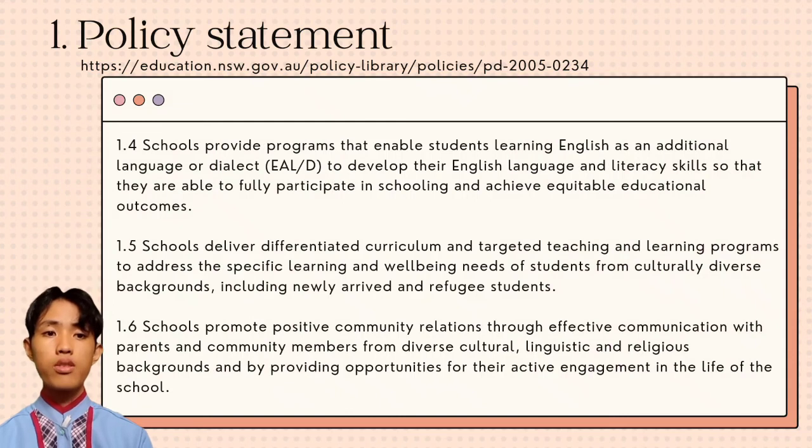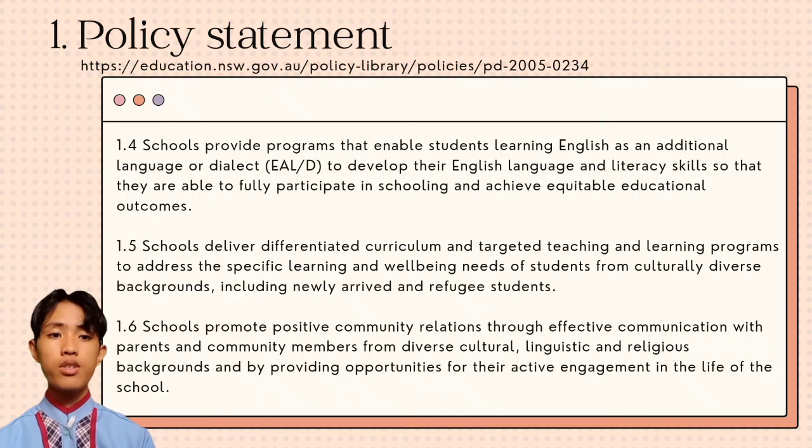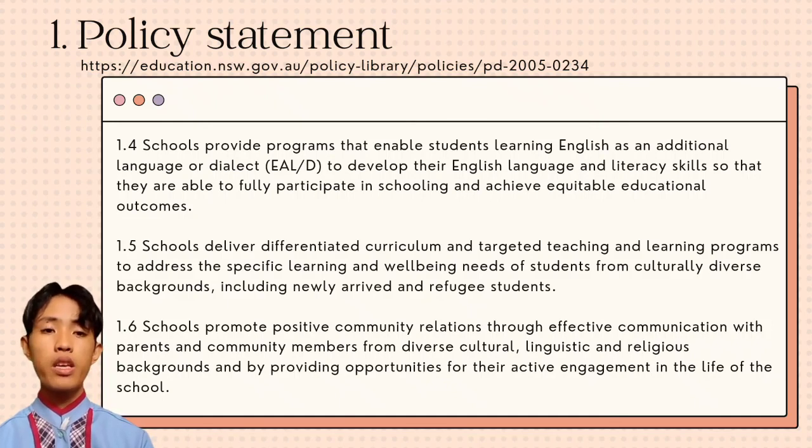Number four, schools provide programs that enable students learning English as an additional language or dialect to develop their English language and literacy skills so that they are able to fully participate in schooling and achieve equitable educational outcomes. Number five, schools deliver differentiated curriculum and targeted teaching and learning programs to address specific learning and well-being needs of students from culturally diverse backgrounds, including newly arrived and refugee students.